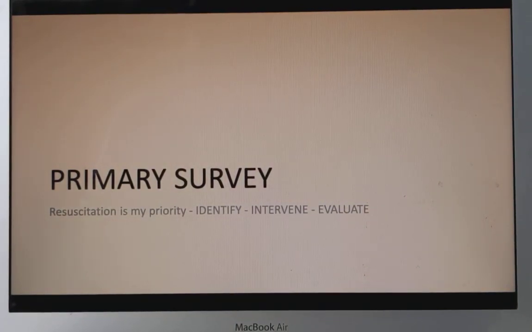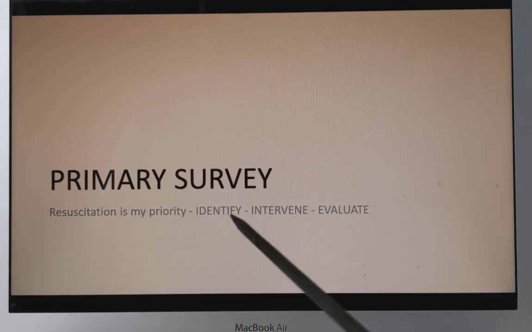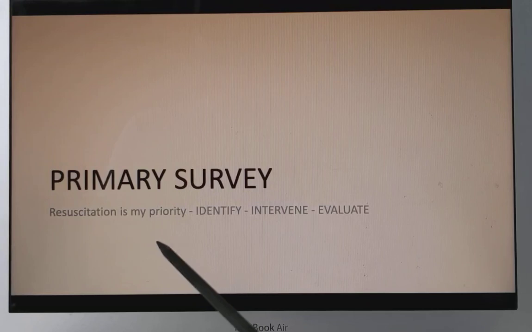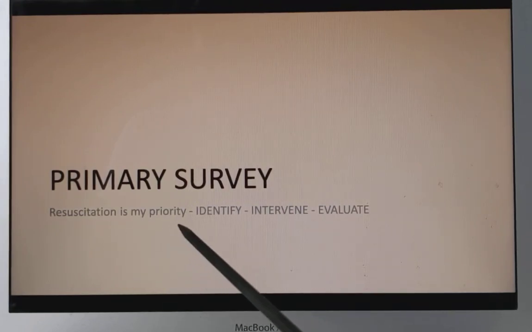So consider the overall systematic approach to be an outward to in approach. First of all, you identify it's an emergency by just looking at a person from a distance. Once you've done that, you come on to the primary survey, where what you need to do is resuscitation.